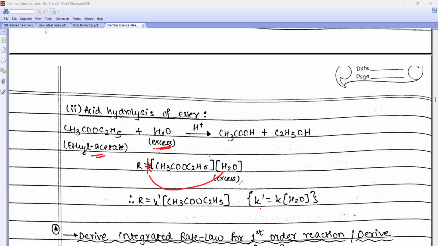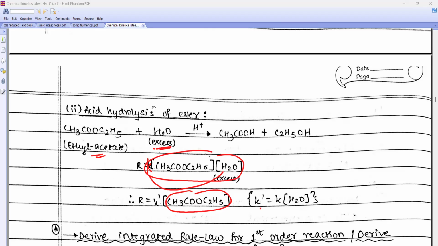So earlier my rate of reaction should have depended on two reactants, but actually it now depends on only one. Therefore, it is following first order, but which first order? Pseudo first order. So what are pseudo first order reactions? Reactions which were expected to be higher order, but follow first order. Achha, in MCQ, what type of question can they ask?